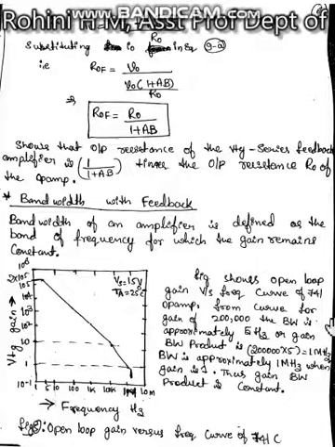In this diagram, for the open loop gain of 200k, the bandwidth is approximately 5 kilohertz. Therefore the gain bandwidth product is 200k into 5, which is equal to 1 megahertz. When the gain is 1, the bandwidth gain product is always constant.